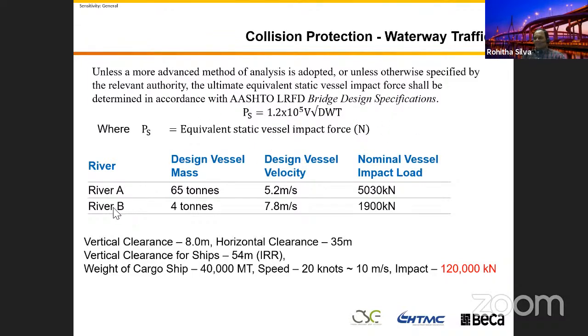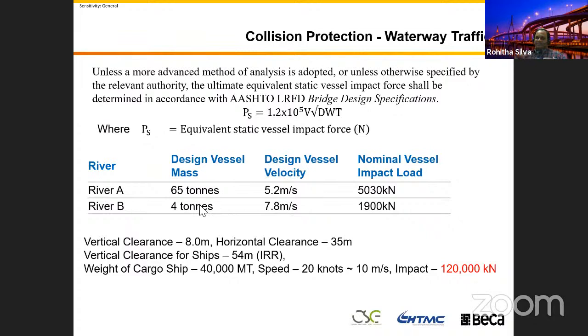I will give you one example. If the weight of the boat is 4 ton, it can move faster, at 7.8 meters per second. If it hits your bridge substructure, it will induce an impact load of 1,900 kilonewton.